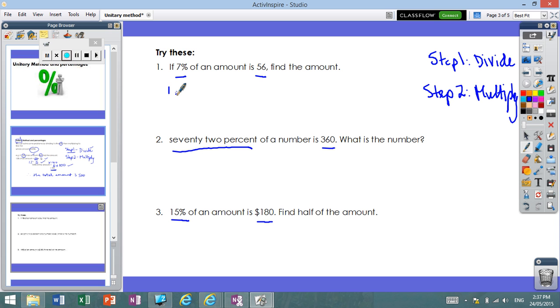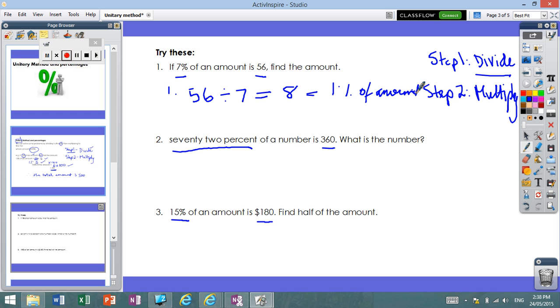So the first thing we do, step 1, is divide. The only two numbers I've got to play with: 56 divided by 7, which ends up giving me 8. And we now know that 8 is equal to 1% of the amount.